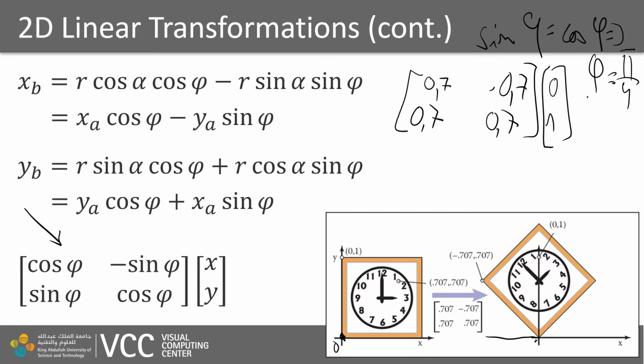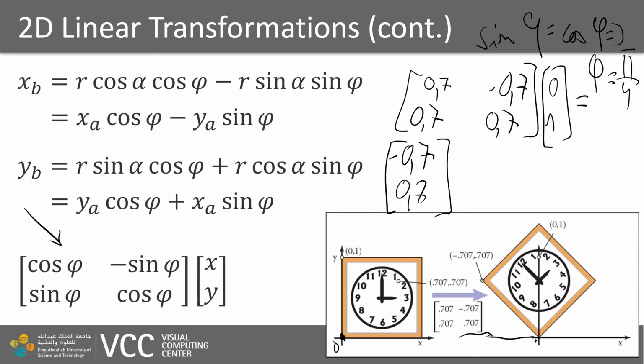Let's see what the new coordinates will be. 0 times 0.7 is 0, and minus 0.7 times 1 is minus 0.7. For the y coordinate, it will be 0 times 0.7 is 0, and 1 times 0.7 is 0.7.